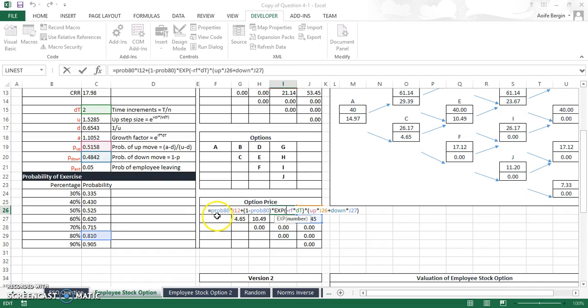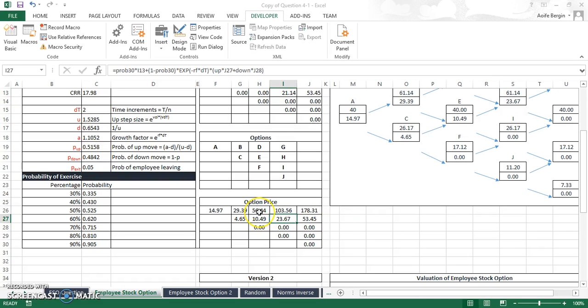So we get the probability of exercise, so this is for node G. So the probability that it'll be exercised at node G multiplied by the intrinsic value, plus 1 minus the probability that it'll be exercised, so the probability that it won't be exercised, multiplied by the exponential of minus the risk-free rate, multiplied by the change in T, multiplied by the probability that the stock price will go up, multiplied by the upsell here, plus the probability that it'll go down, multiplied by the downsell here.